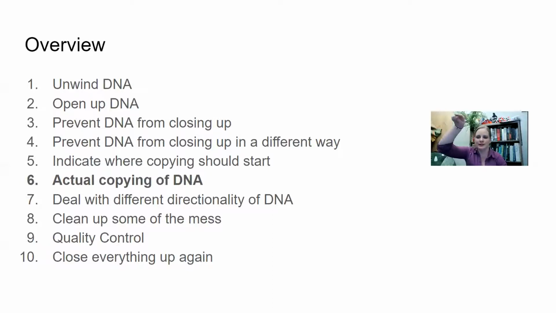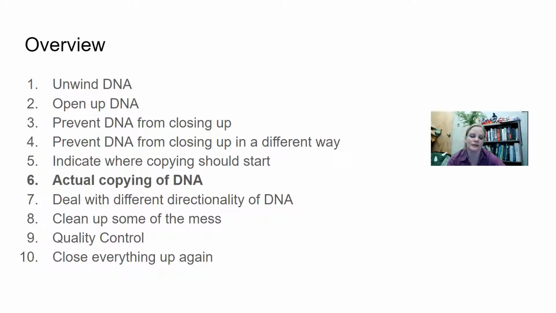Then we say, this is where copying is going to start, and then we do the actual copying of the DNA. Remember that DNA is anti-parallel, which causes problems in replication because copying only happens from 5' to 3'. So there are harder things we have to deal with.